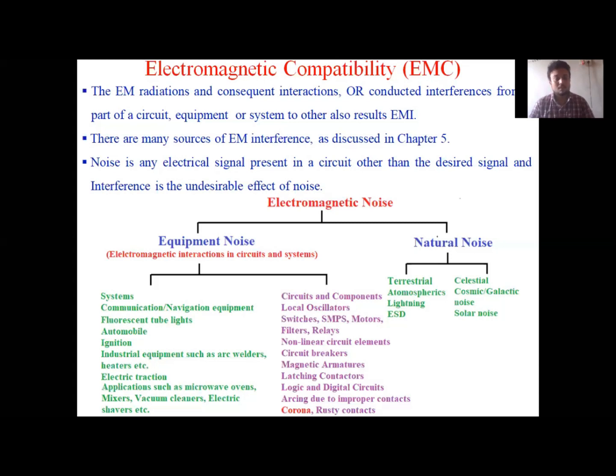But due to Faraday's law and all, we know that whenever current is flowing through a conductor, it produces a magnetic field. And that magnetic field may induce into the neighboring equipment and affect its performance. The magnetic field getting induced into the neighboring equipment is nothing but a noise. So we have to reduce that noise using several techniques. So that is the equipment noise.